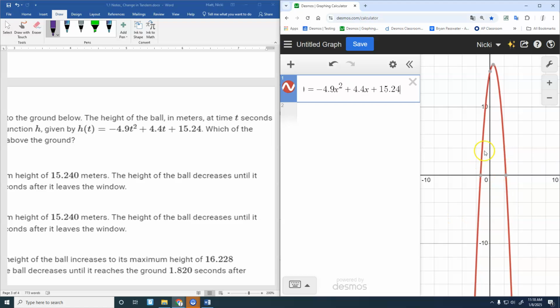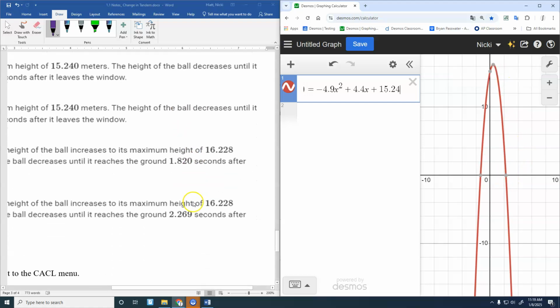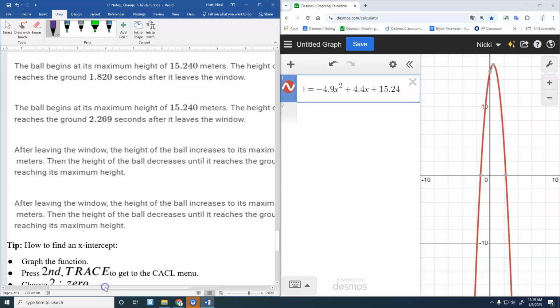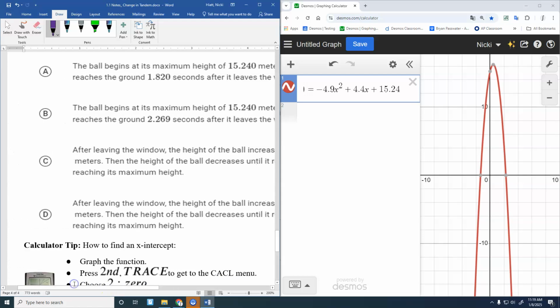And you're just going to graph this and look at the answers. Your maximum height here is 16.228. It's 2.26 seconds. I know I'm going through this too fast, but the answer is D on that one if you want to go back and look at it. You're really just reading those points off of the graph for that.